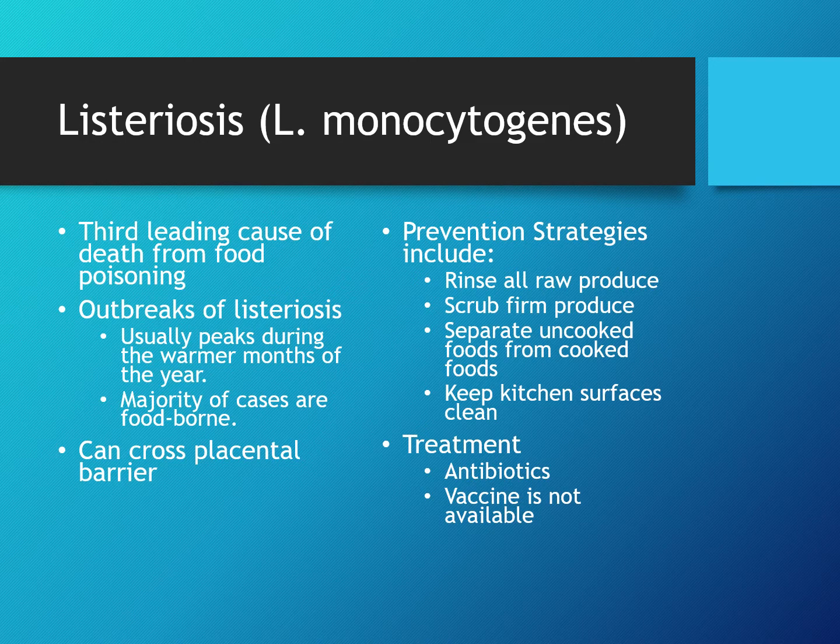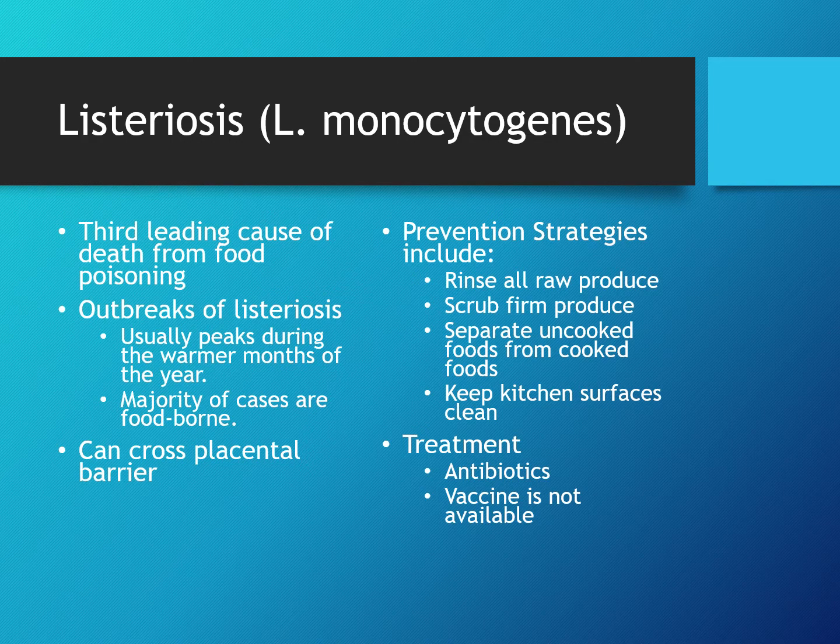It's also good not to store cooked foods in the same place that you're storing uncooked foods, cooked meat with uncooked meat, that kind of thing. Making sure that we do routine cleanings of our refrigerators, and when we're cooking meat, making sure that we're cooking it properly so that we can make sure that we're killing those bacteria.